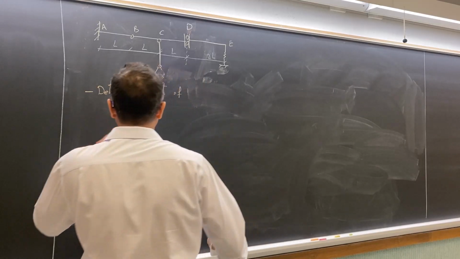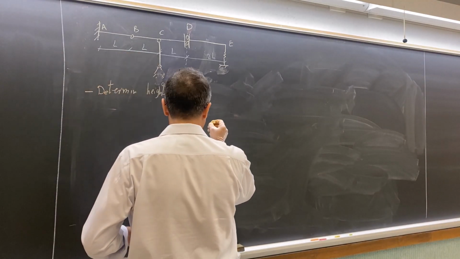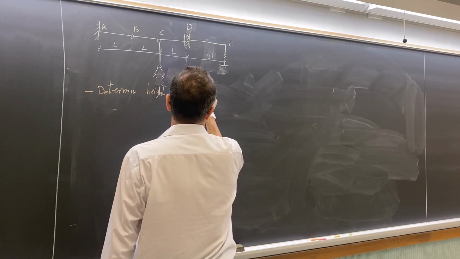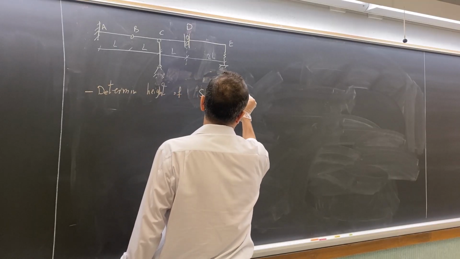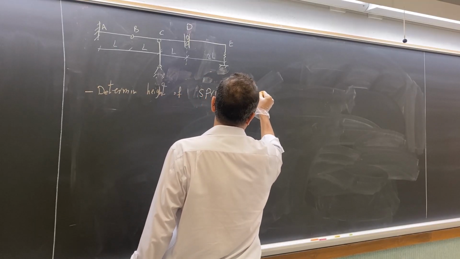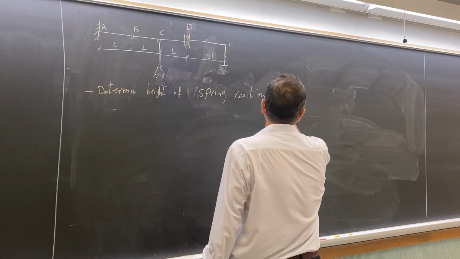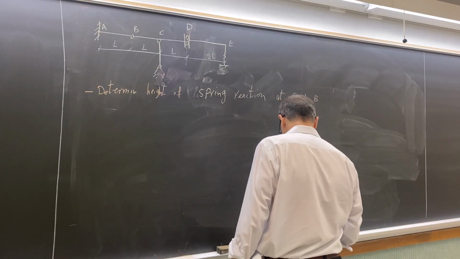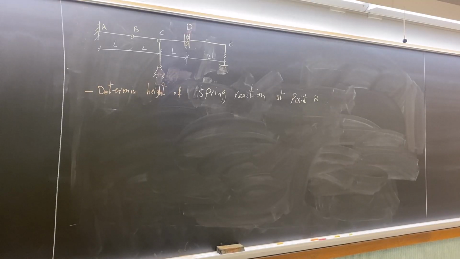Now, the question is asking, determine the height of influence line of E reaction, or spring reaction, at point B. So you need to differentiate these variables.